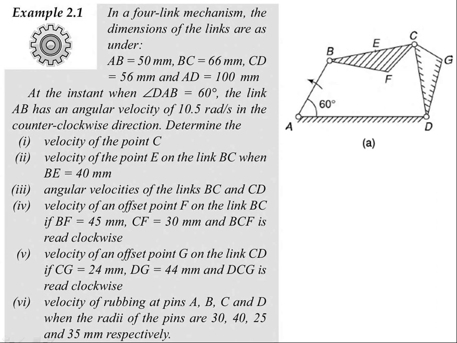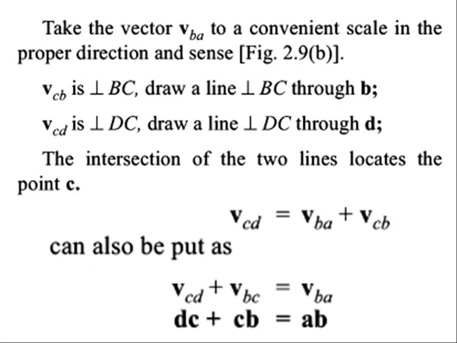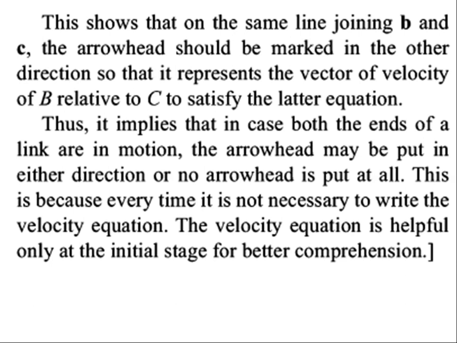You just follow the method which is given in the question. Because if you want to simulate some mechanisms, they are very complicated to understand. Just by looking, you will not understand. When you give some velocity to that mechanism, only then will you understand whether the motion is in that direction.